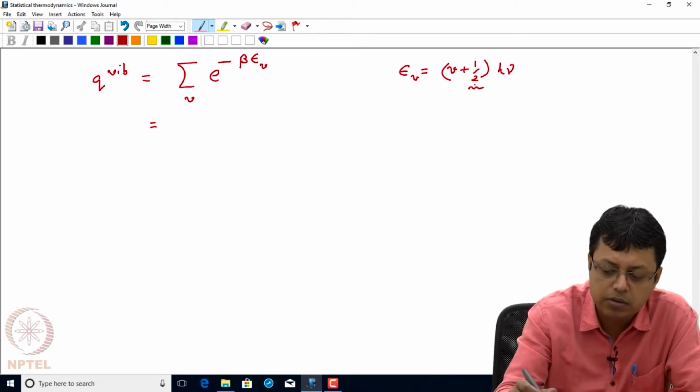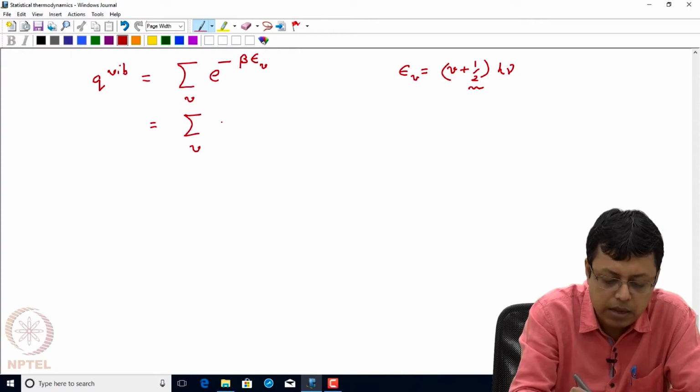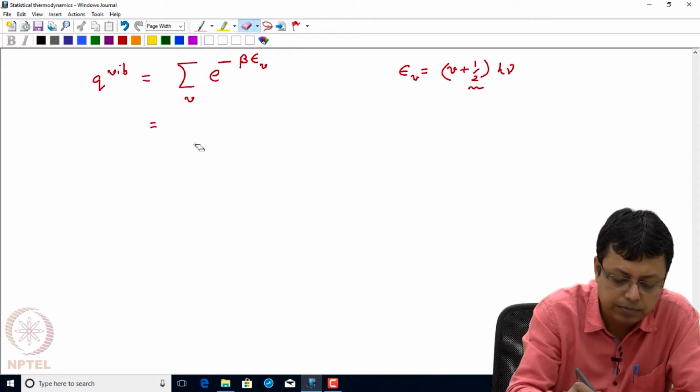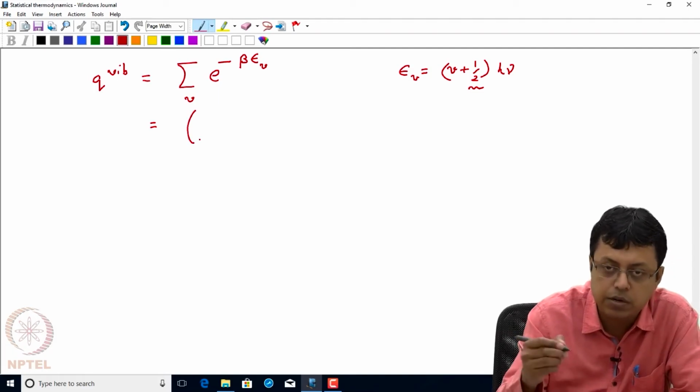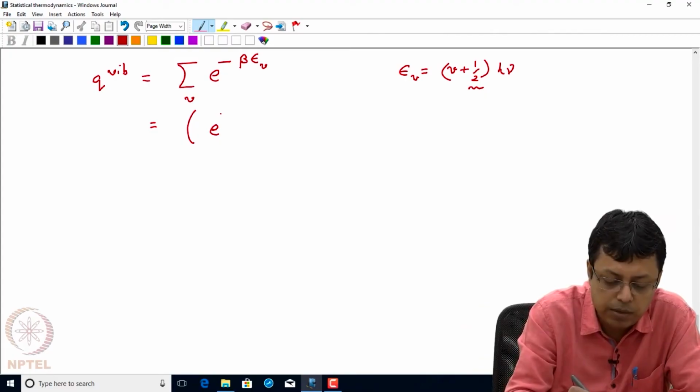Now, what will the partition function be? Let us just calculate the sum. I am taking the sum over v, with v going from 0, 1, and so on. The first term will be e to the power minus beta half h nu.